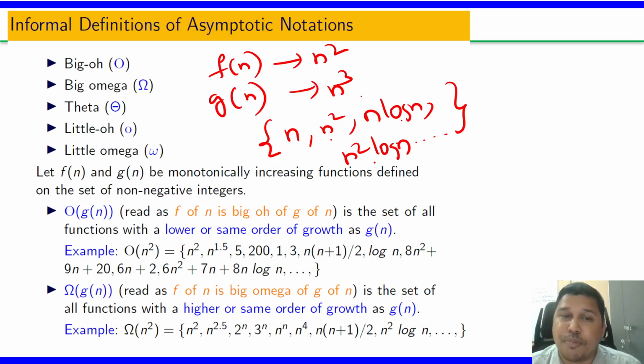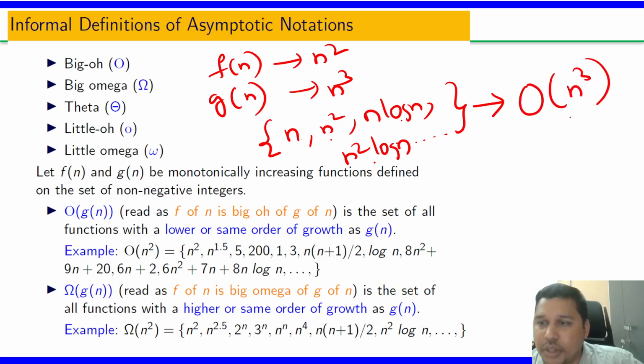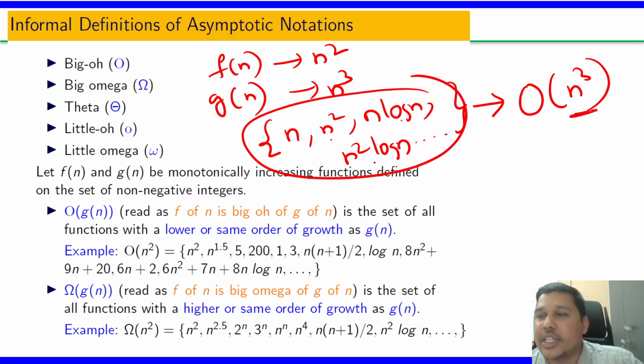When you have multiple functions like this, the generalized order of growth of all these functions is order of n cube. Why? All these are lesser than n cube. These are the orders of growth of different f of n's, and n cube is the order of growth of g of n.